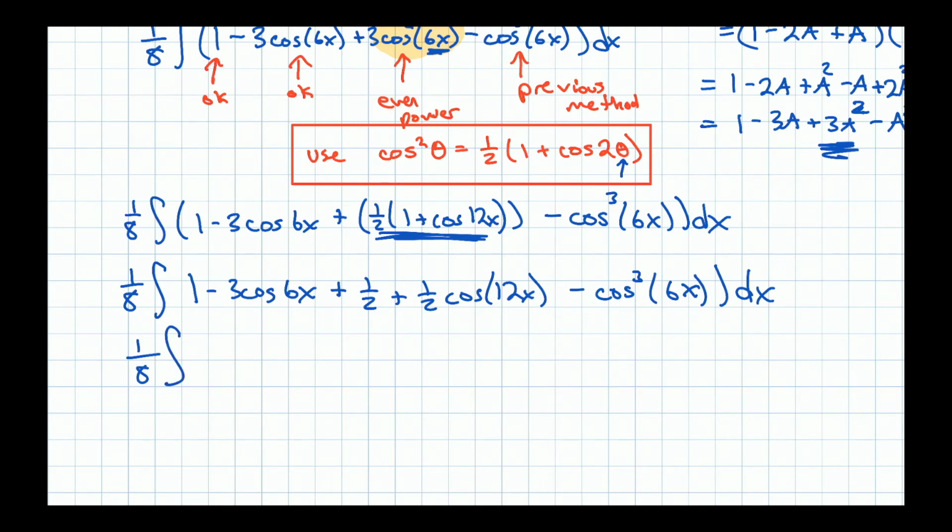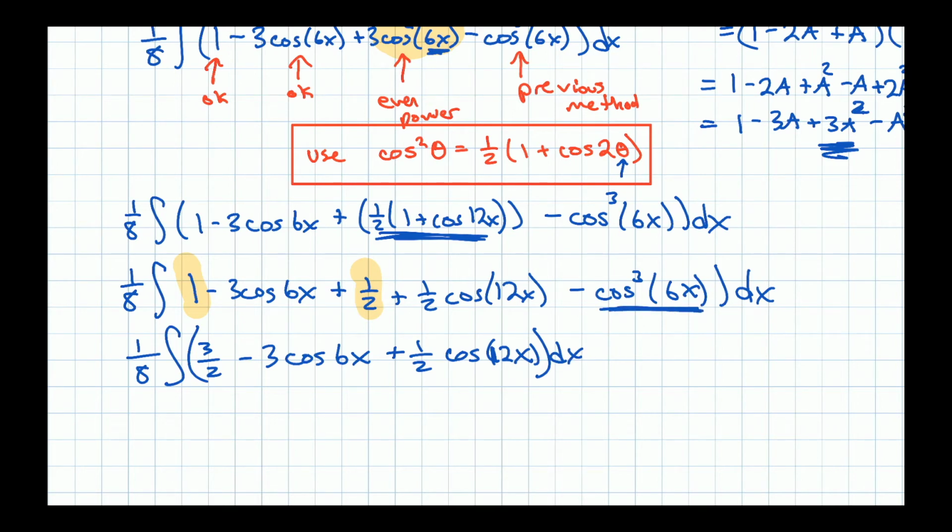All I'm going to do is collect the 1 and the 1/2 here together. So 1 plus 1/2 is just 3/2. And then I have minus 3 cosine 6x plus 1/2 cosine 12x. Like that. And then this cosine cubed, I'm going to move off into its own integral using properties of integrals and have minus 1/8 integral cosine cubed 6x dx.